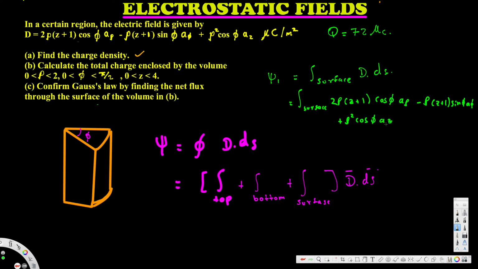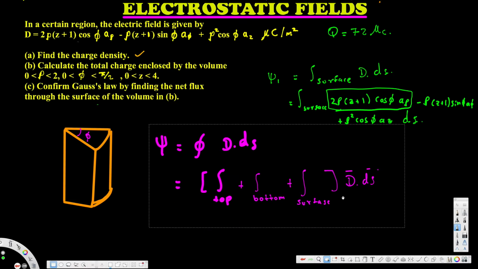Okay, so this is what we have for D. Now we have to do the integration dS, right? Now we know that only the rho component is going to contribute, so all the other things are going to cancel out, right? So we are just left with this part. This is the only part that's going to remain. Now let's do the integration with that.